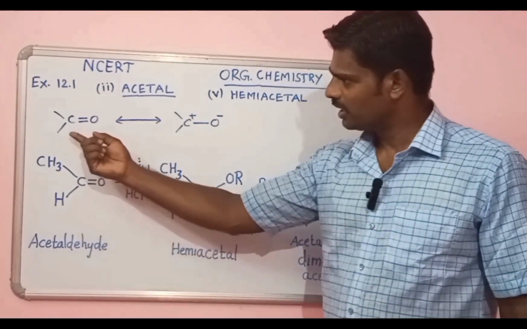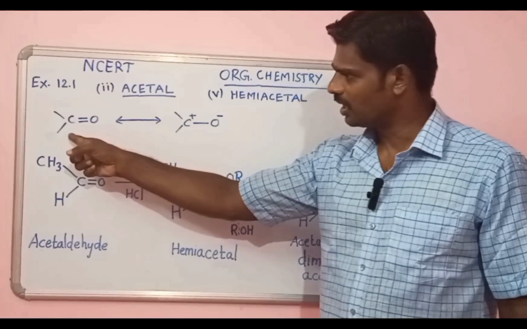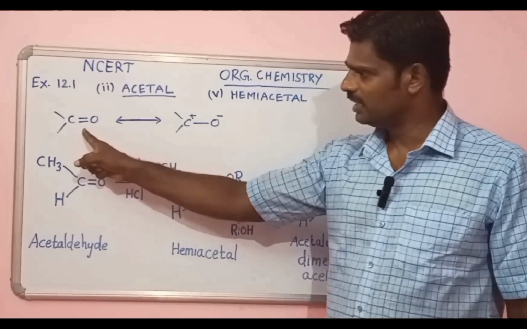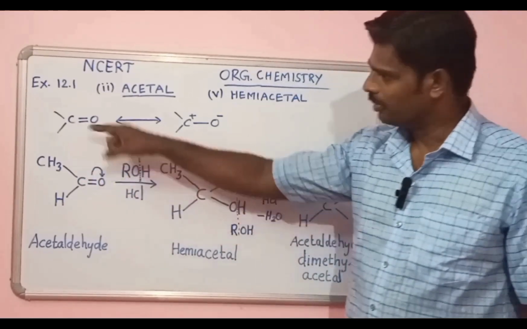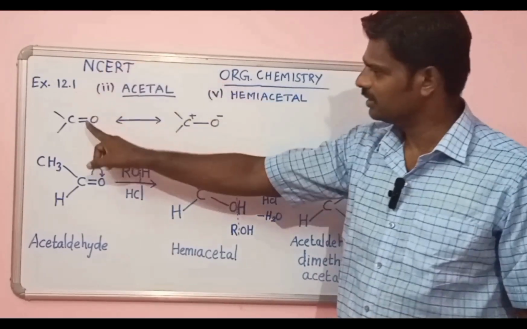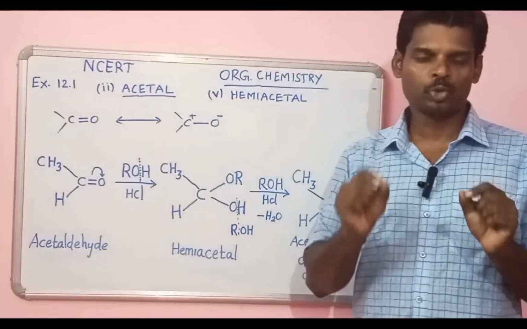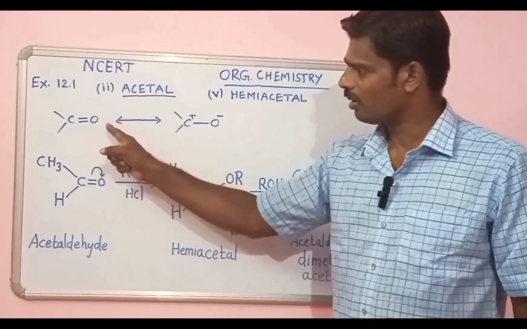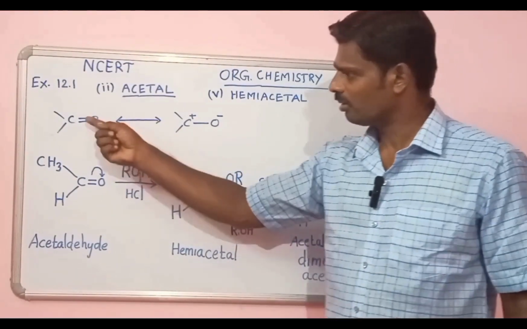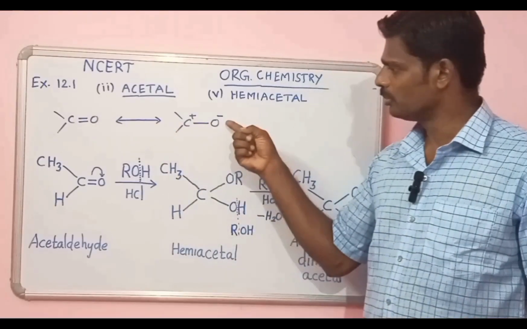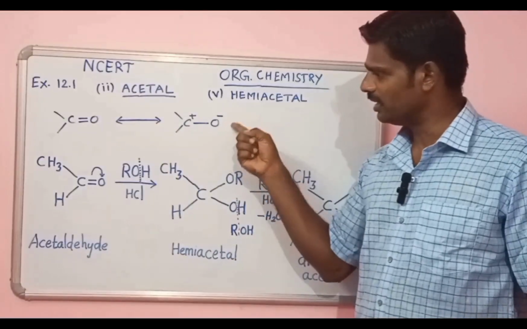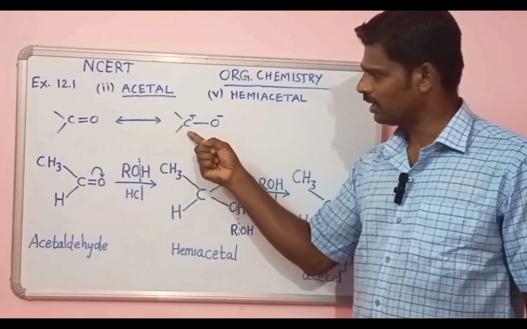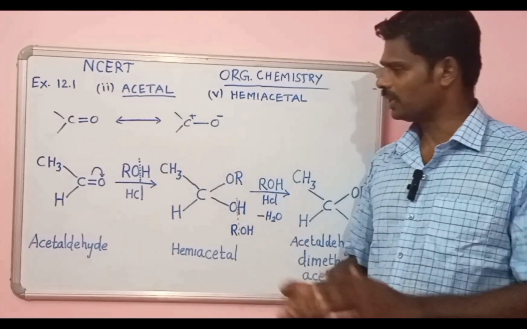So for the introduction, the carbonyl group is normally C double bond O. One of the bonds, a bond means two electrons, right? As the oxygen attracts the electrons, they will shift towards the oxygen. So it gets the negative charge, and the carbon gets the positive charge.